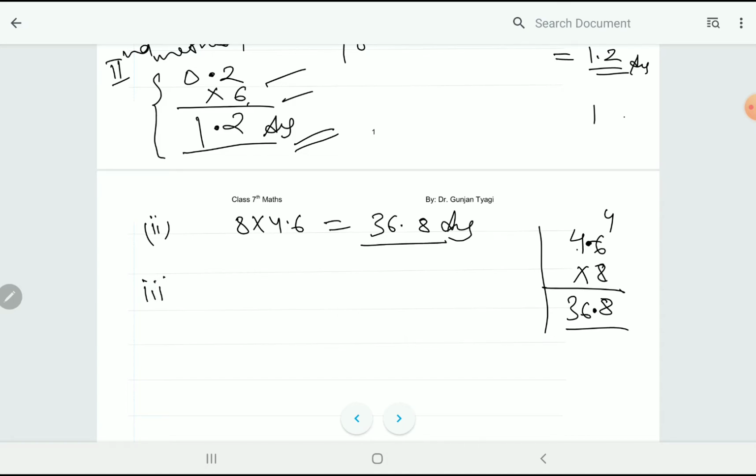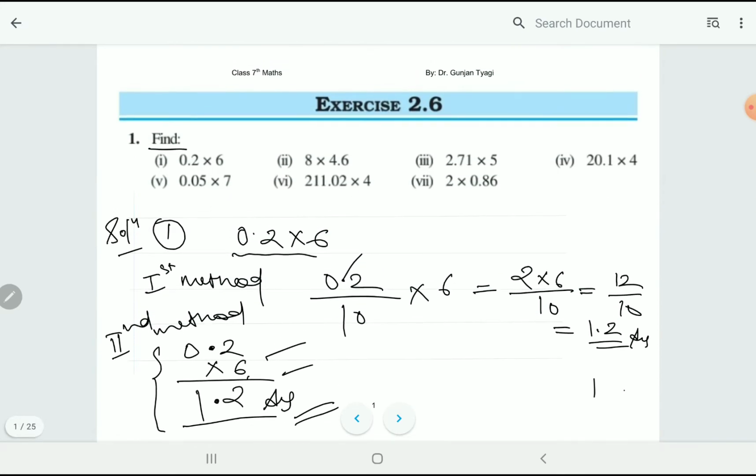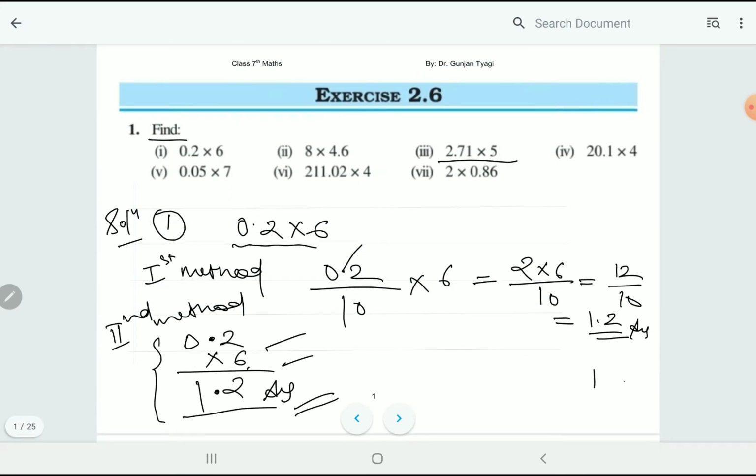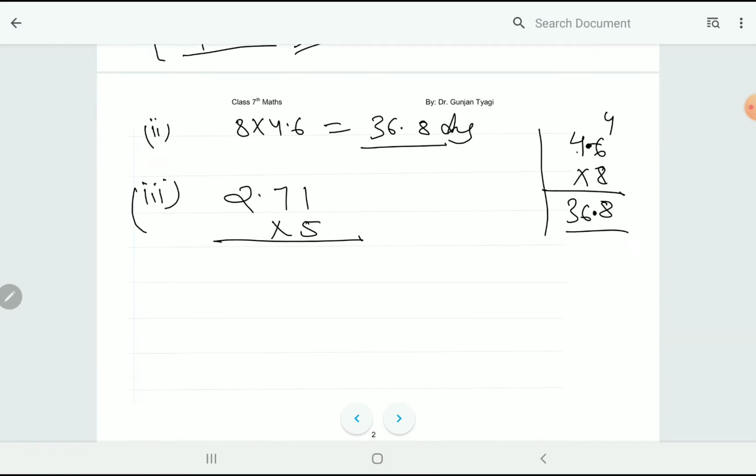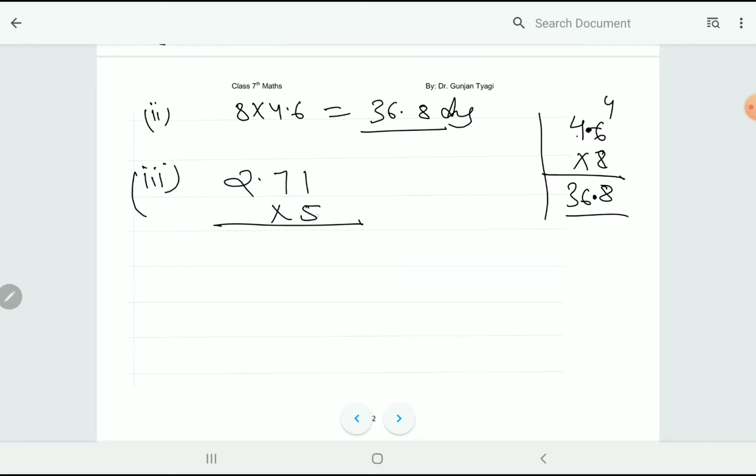Third part. 2.71 multiply 5. Just do the simple multiplication of the numbers. 5 1s are 5, 5 7s are 35, 5 3 carry, 5 2s are 10, plus 3 is 13.